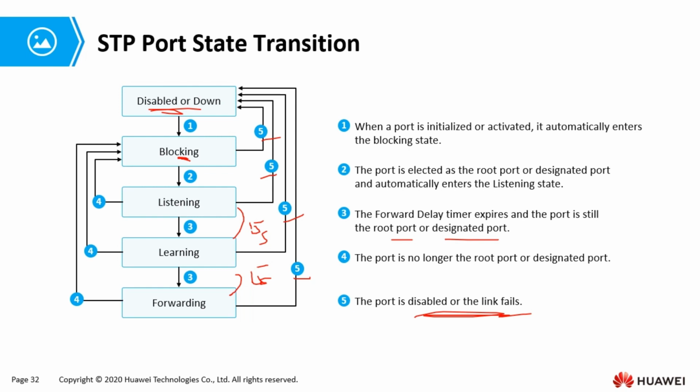They were asking from which state you can move directly to disabled or down. That means each of the port states, blocking, listening, learning, and forwarding, can be moved back to the disabled or null state. Same for forwarding, learning, and listening, they can move back to blocking as long as they are no longer a root or designated port.